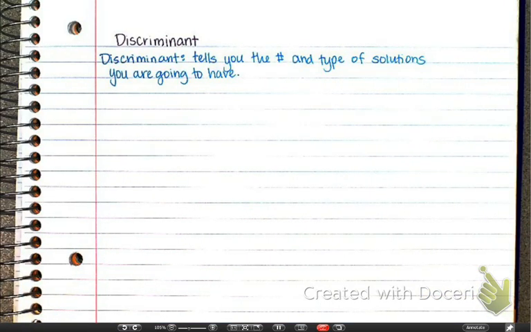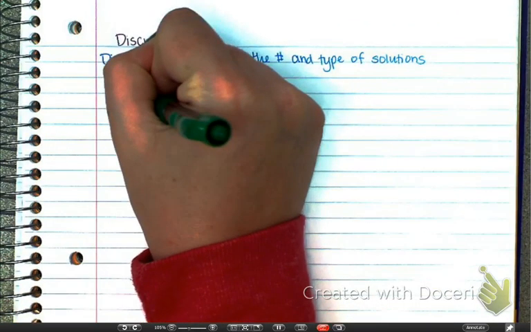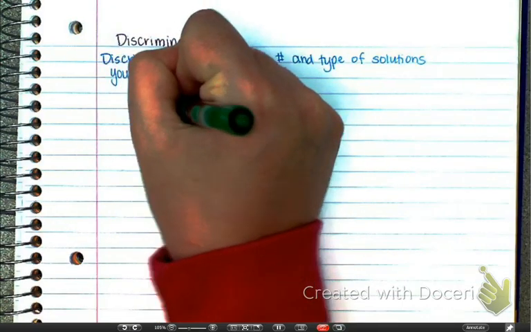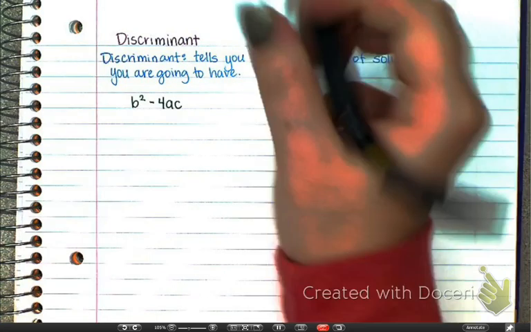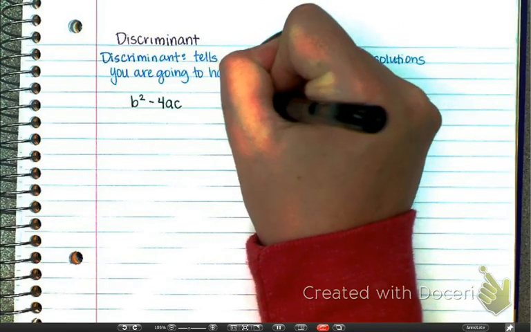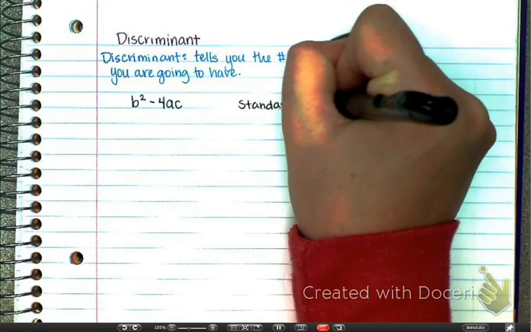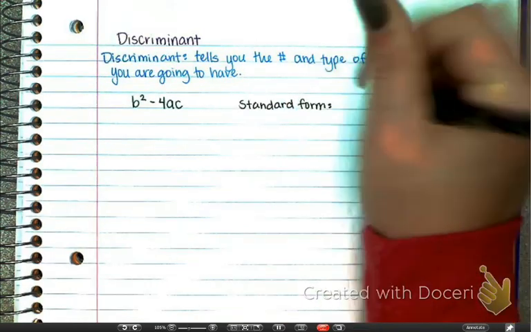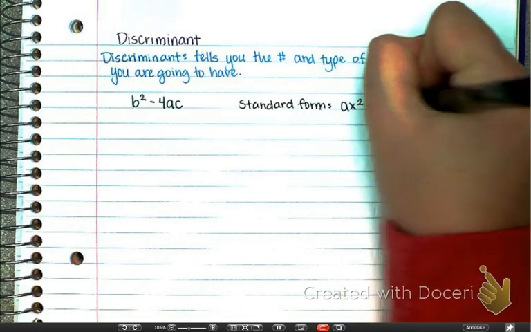Okay, so in order to find the discriminant of a problem, we are going to use b squared minus 4 times a times c. Now we should all be familiar with what a, b, and c are, but just in case, remember we have standard form for a quadratic equation, and standard form is ax squared plus bx plus c.